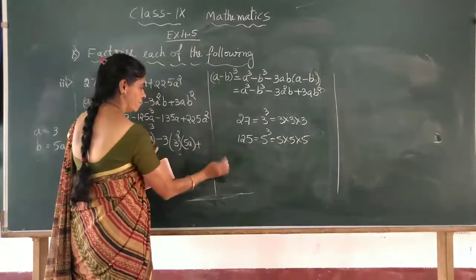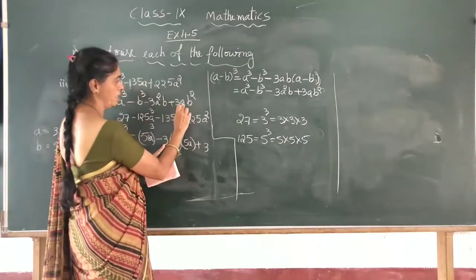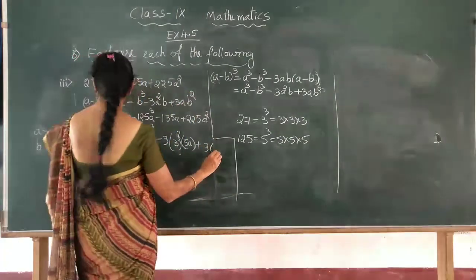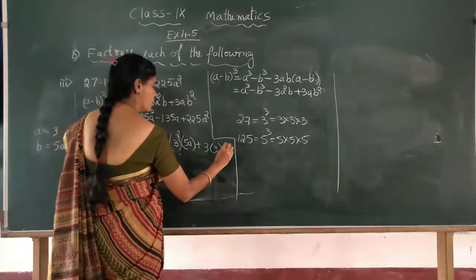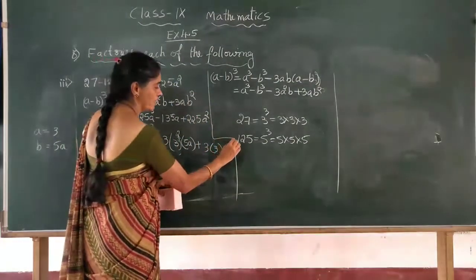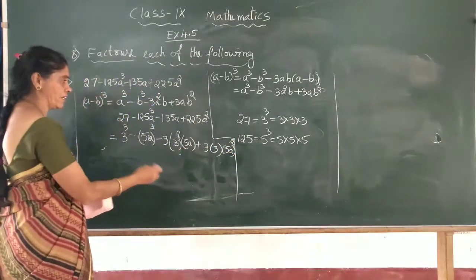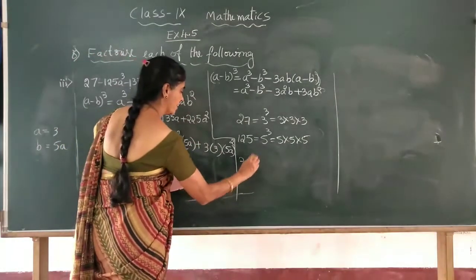Plus 3a b square. 3a is how much? A is 3, so 3 into 3. b is how much? 5a. It's b square, (5a) square. So I wrote in the same manner. You can check it by taking this number and finding the answer.